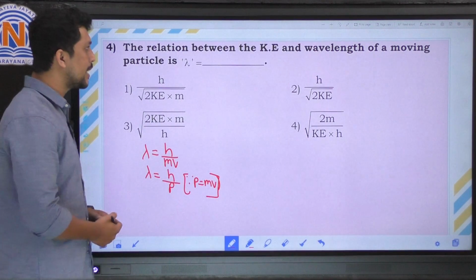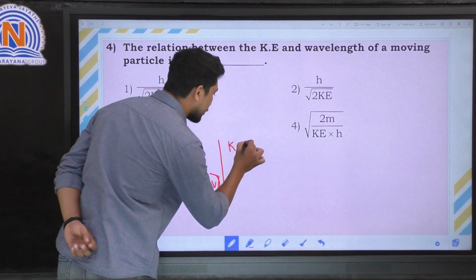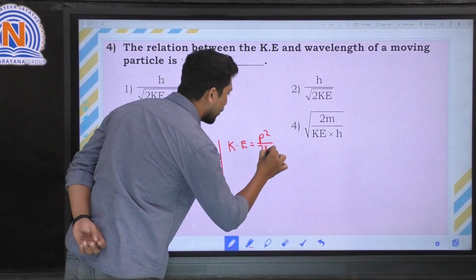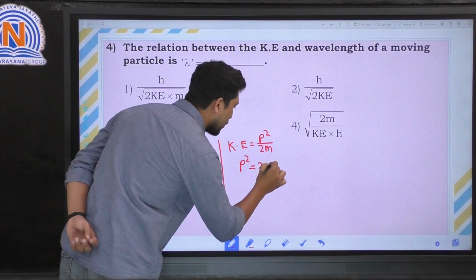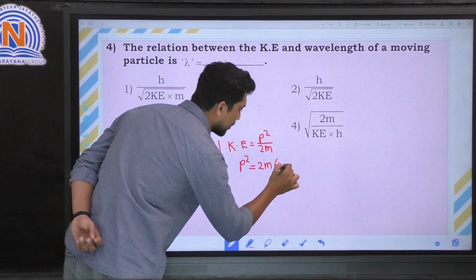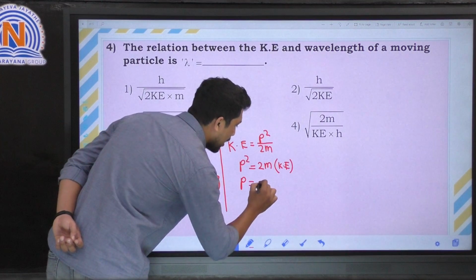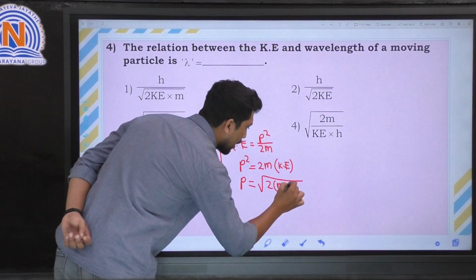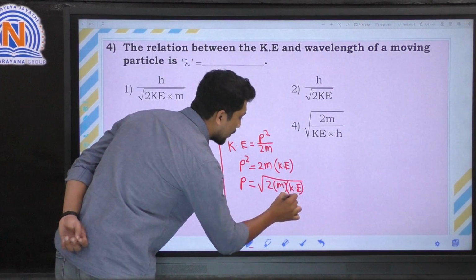Then what about the kinetic energy? So kinetic energy K equal to p square by 2m. Then p square equal to 2m into kinetic energy. Then p equal to root over 2m into kinetic energy. Right?